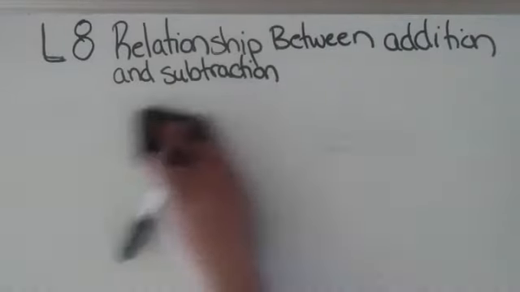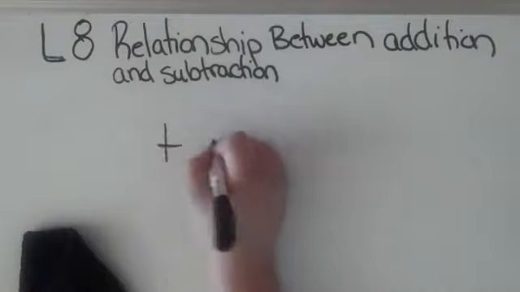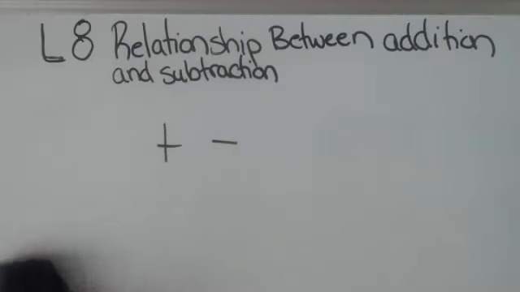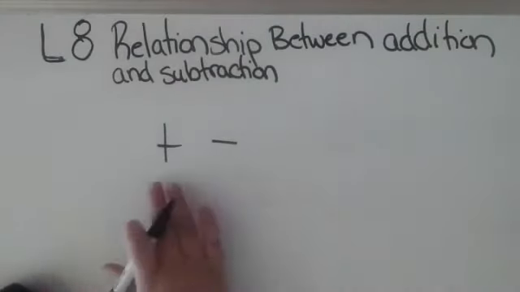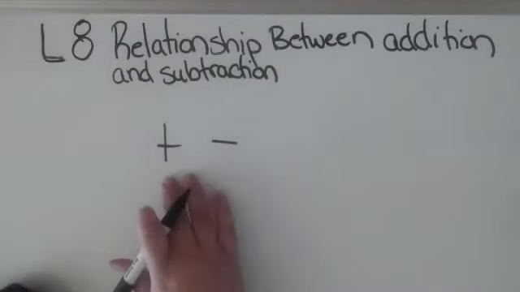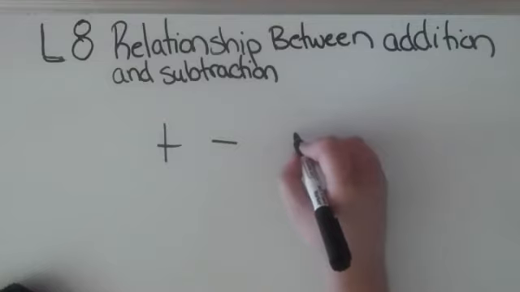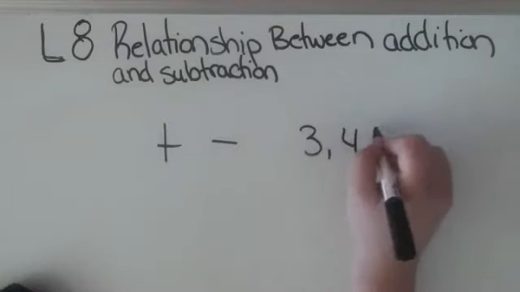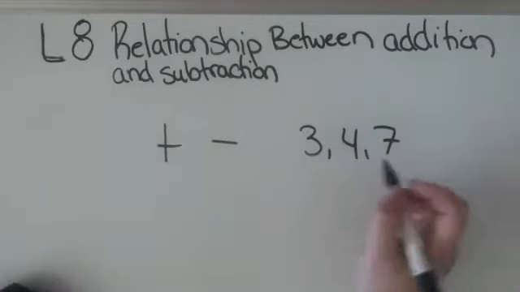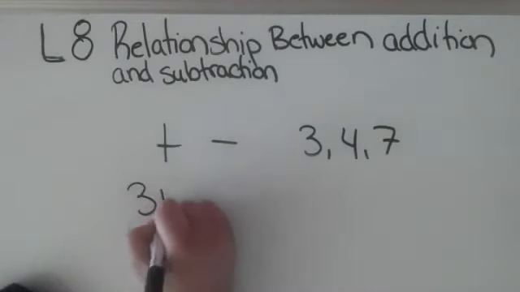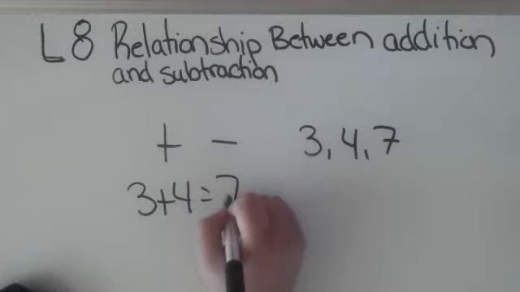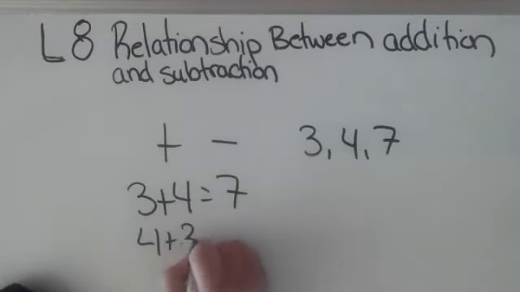Again, the relationship is that addition and subtraction are inverse of each other, which means that you can create a subtraction problem and addition problem using the same numbers. So if I have the numbers 3, 4, and 7, I could do the addition problem, 3 add 4 equals 7, or 4 add 3 equals 7.